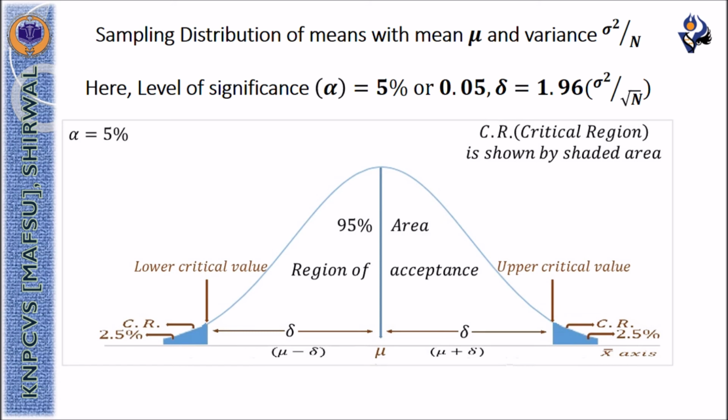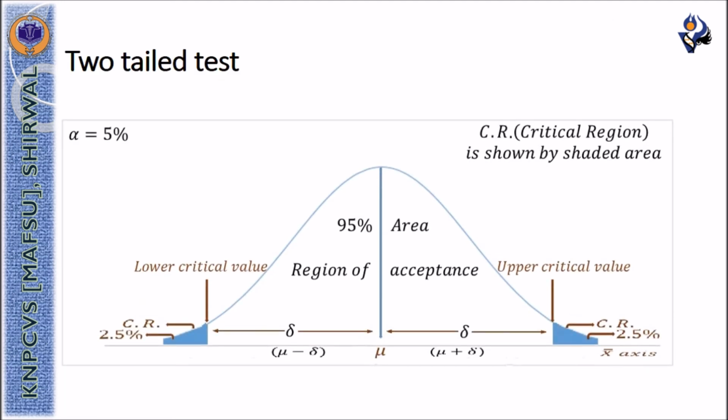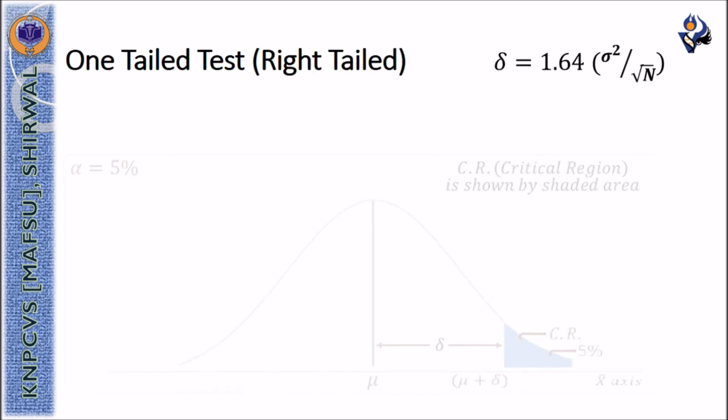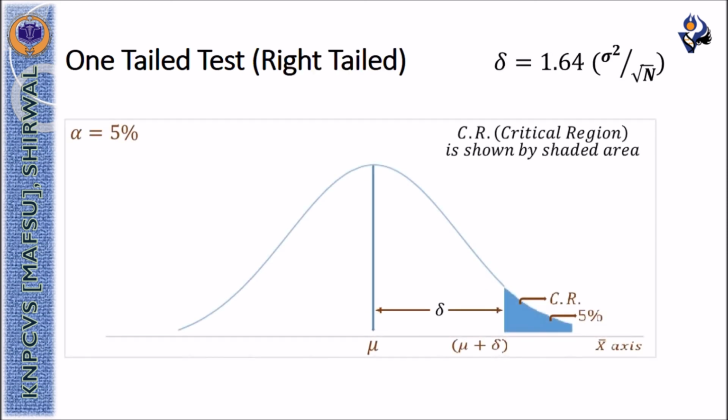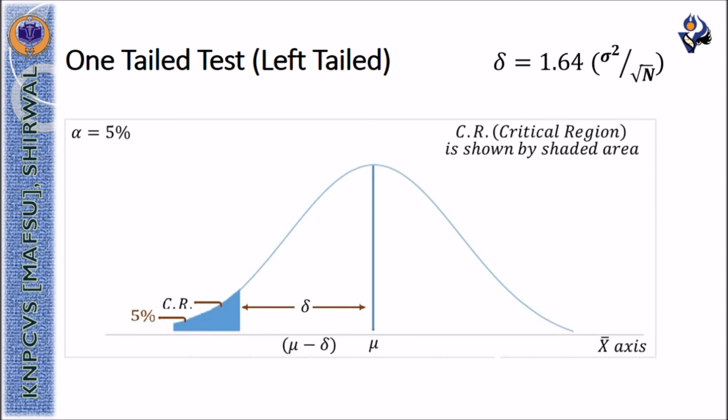Mu plus or minus delta denotes the region of acceptance. In two-tailed test, critical region lies in both the tails. In case of right-tailed test, the critical region lies entirely in the right tail, whereas in case of left-tailed test, the critical region lies entirely in the left tail.